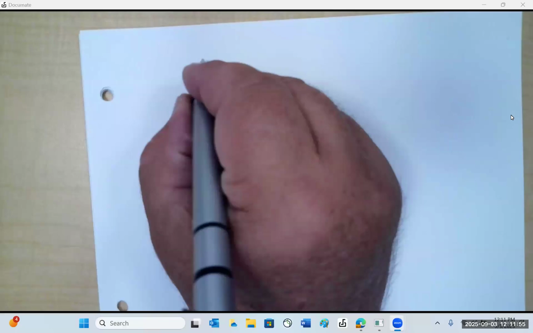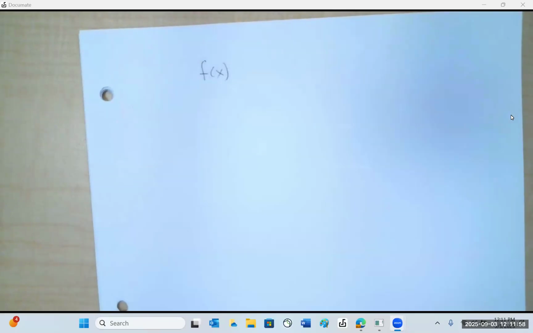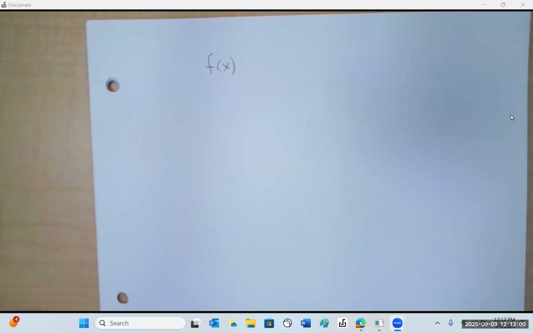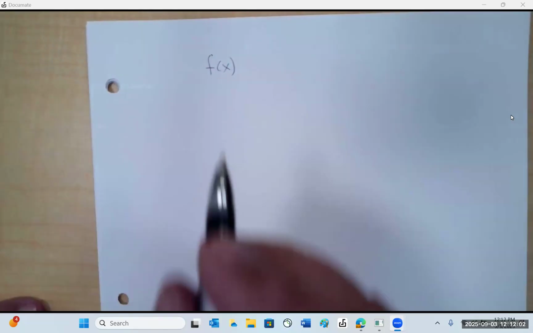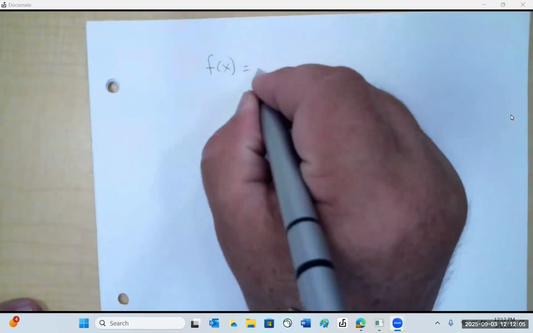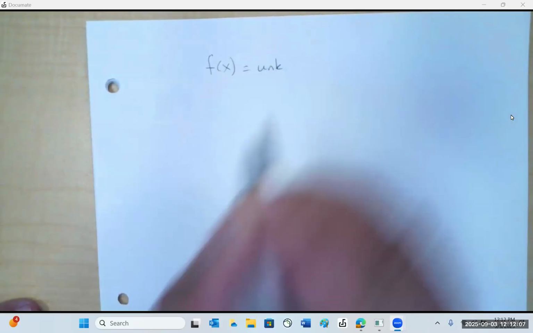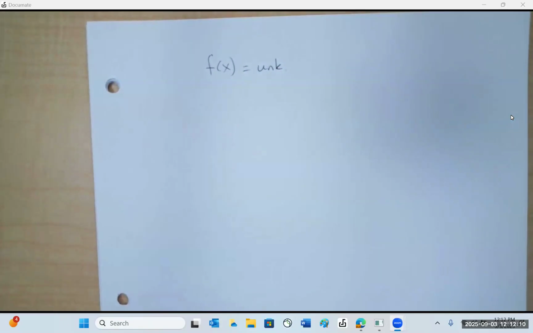There will be times where we're faced with functions that we can't take the limit of, that we won't be able to figure out. So let's pretend some function f of x, we don't know what the limit is. We can't figure it out. Unknown. So what we can do is this.